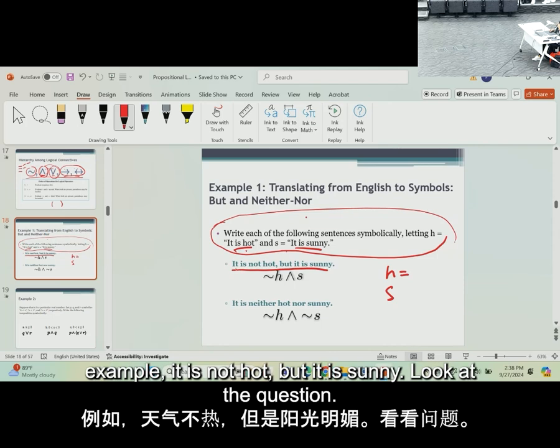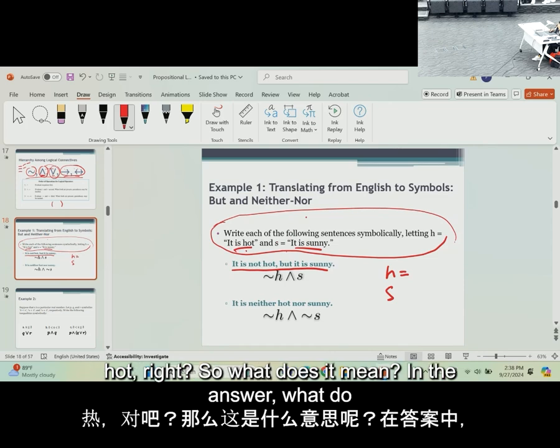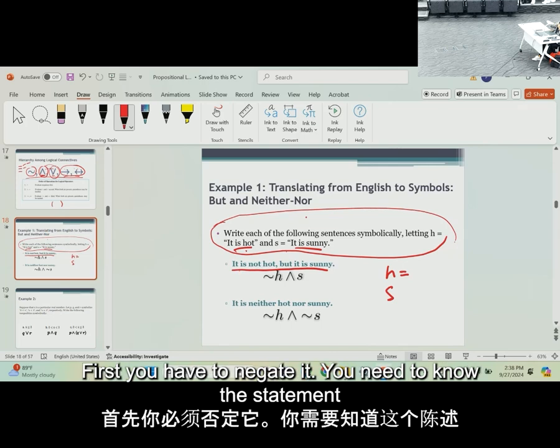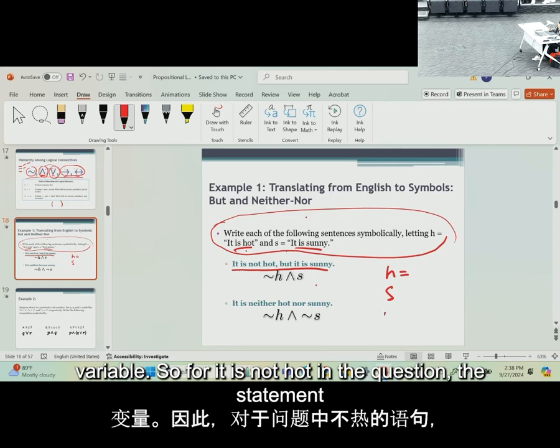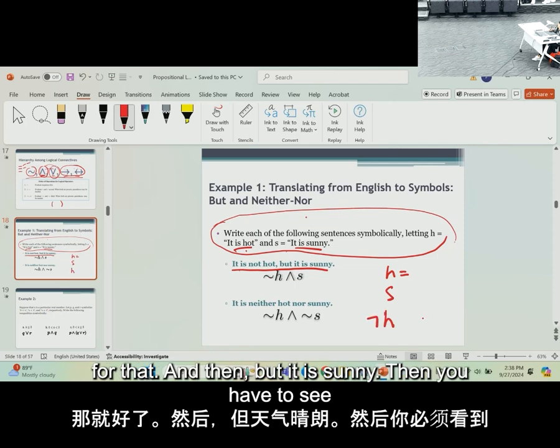So for example, it is not hot, but it is sunny. Look at the question, what is given there. In the question, you are given it is hot, right? So what does it mean? In the answer, what you have to do? In the question, it is not hot. So first, you have to negate it. You need to know the statement variable. For it is not hot, the statement variable is h, but you have to negate it, so write the symbol for that.